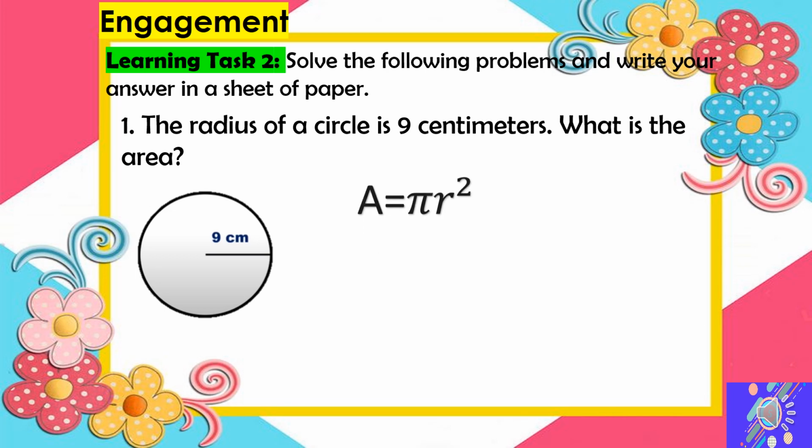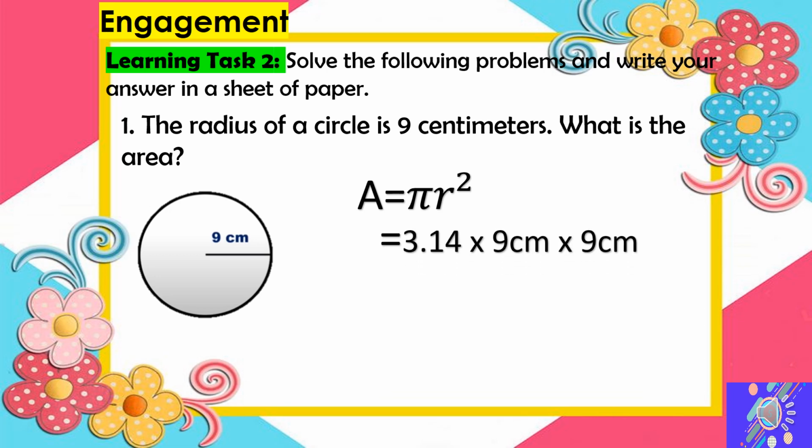Again, we will be using the formula A equals pi r squared. Okay, let us now substitute. 3.14 is the value of pi times the radius, which is 9 centimeter, times 9 centimeter.